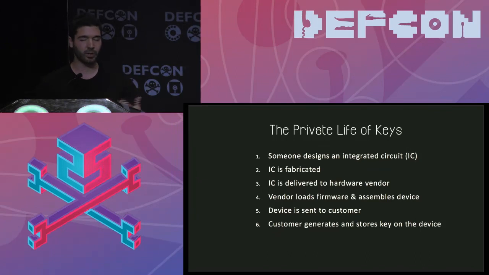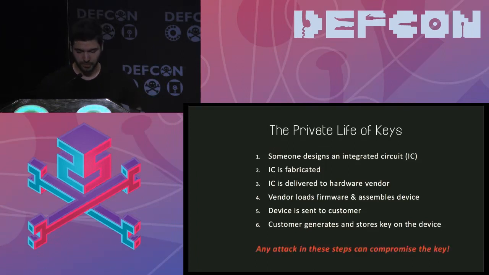The vendor then loads its firmware on it and assembles the actual device that's going to use the integrated circuit. And then the device is sent to the customer that bought it. The customer uses the device to generate and store the key on it.